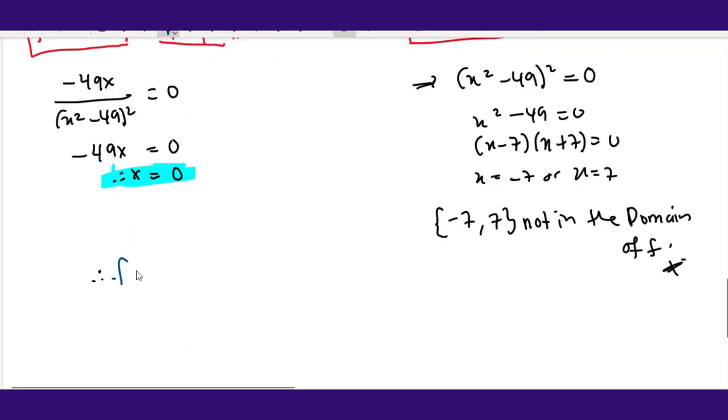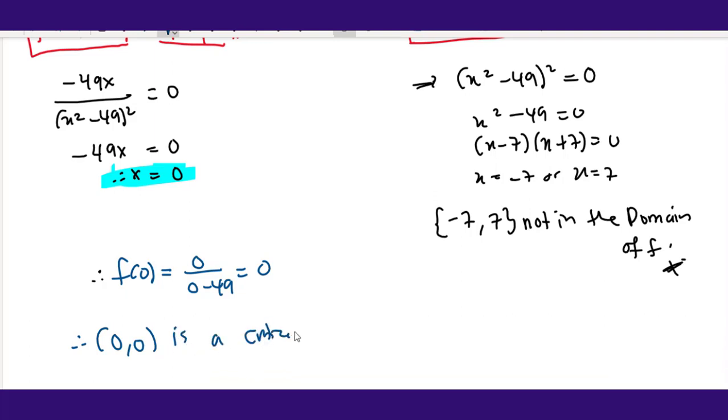Then f of 0 is 0 over 0 minus 49, which is equal to 0. Therefore, (0, 0) is a critical point and also a stationary point.